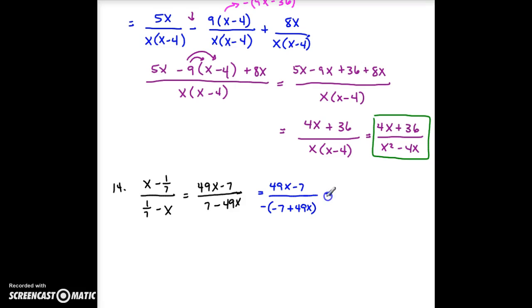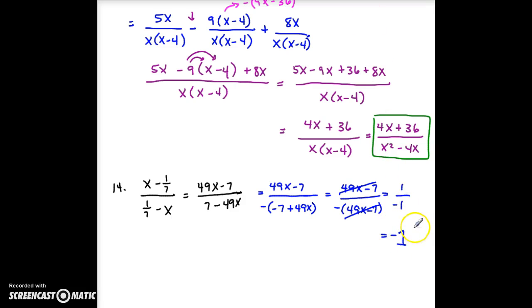So writing this in a way that hopefully makes sense, we have 49x minus 7 over the negative version of 49x minus 7. The only difference between the numerator and denominator is that this one is a negative version and this is the original. Once we do that, hopefully you can see that we could actually cancel these out, which leaves us with 1 over negative 1, or just simply negative 1.